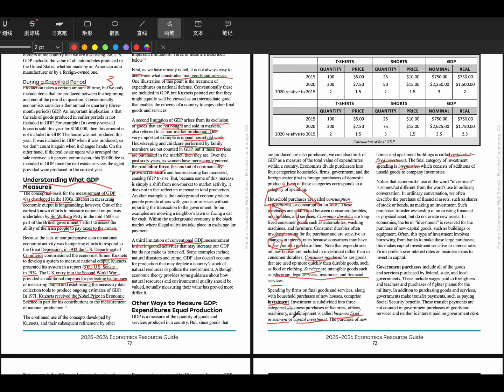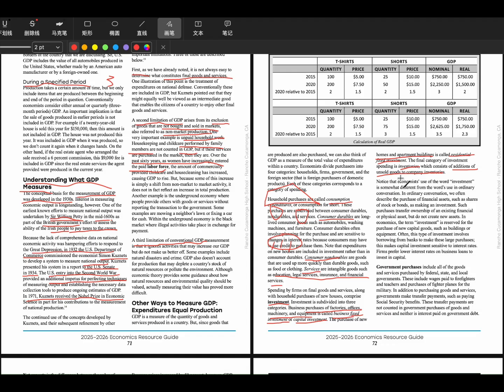And business fixed investment is basically when businesses buy factories, offices, machinery, equipment. Those are pretty durable usually, and they need these to output supply. Residential fixed investment is just homes and apartment buildings, places that you live in. And inventories is unsold goods, basically goods that are left over after a sales season.